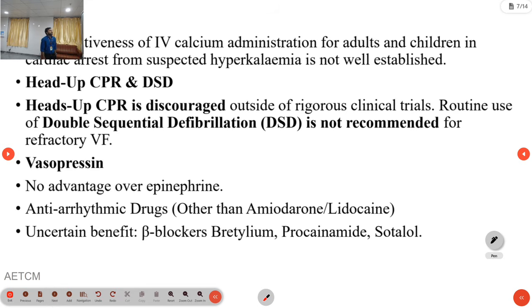The next thing is that the effectiveness of IV calcium administration for adults and children in cardiac arrest from suspected hyperkalemia is not well established. Usually for hyperkalemic cardiac arrest, the drug of choice is IV calcium gluconate, that is 10 ml of 10% calcium gluconate given over 10 minutes. That is what the previous guidelines say.